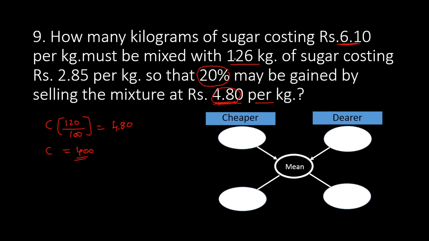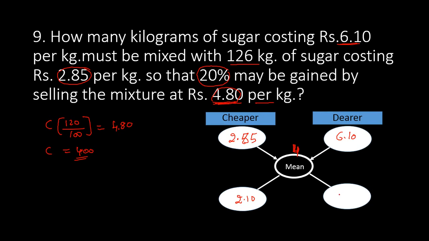Now what is given here? What is the cheaper price here? The cheaper price is 2.85. And what is the dearer price? 6.10. What is the price required for us? 4. Okay. Now 6.10 minus 4. What is the value you will get? 2.10. 4 minus 2.85 is how much?